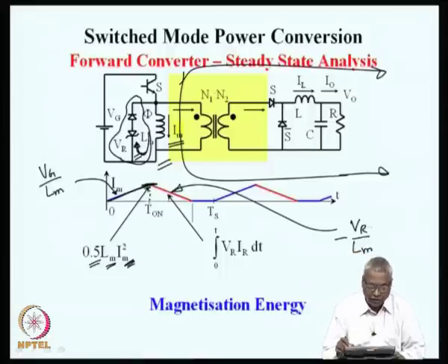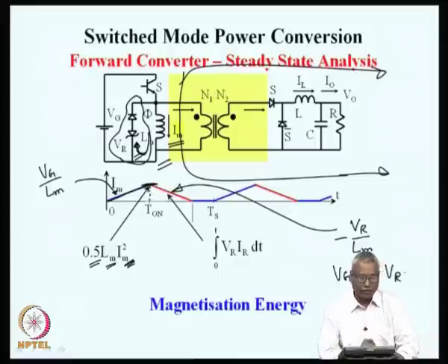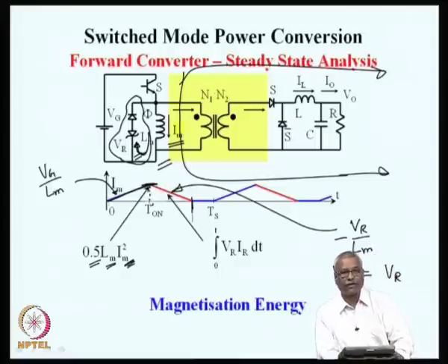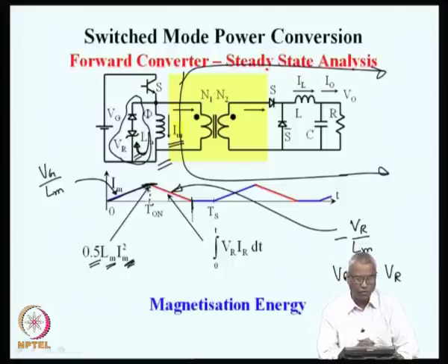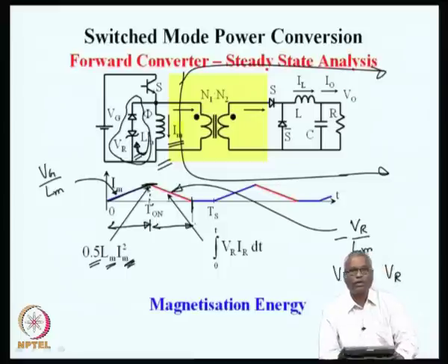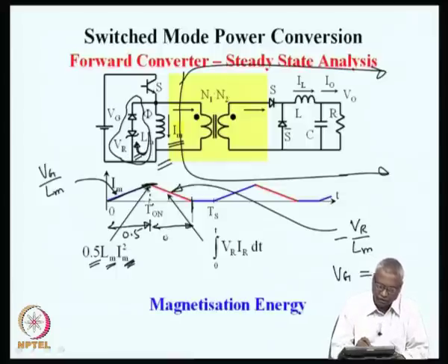So, if Vg is equal to VR, then the magnetization time T on will be the same as the demagnetization time, and this is the reason why we are unable to use the forward converter for duty ratios beyond 0.5. If we magnetize the core for a duration T on, we will require a similar time for demagnetizing the core, and so the maximum duty ratio at which this converter can be used is only 0.5, and the remaining 0.5 will be used for demagnetizing.